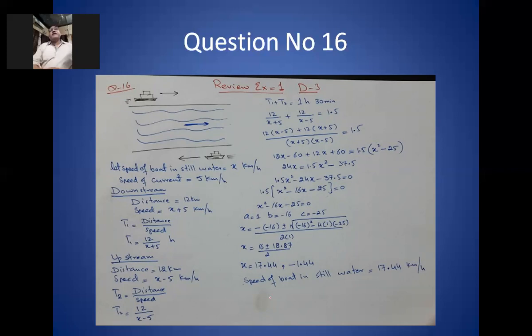So let me read the question for you. A boat travels 12 kilometers upstream and back in 1 hour and 30 minutes. So there is a boat which travels upstream and it travels 12 kilometers.